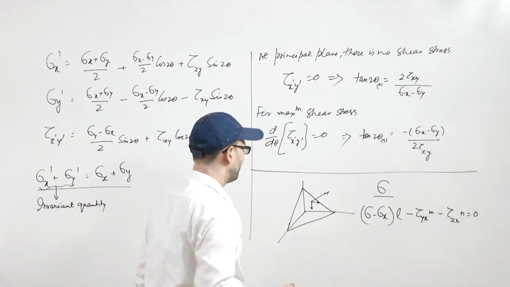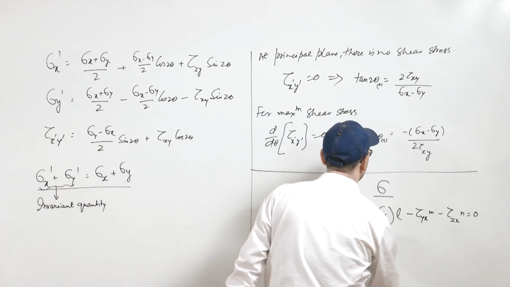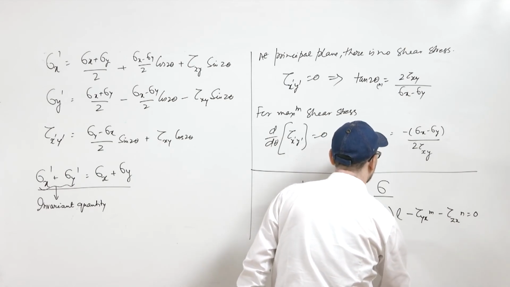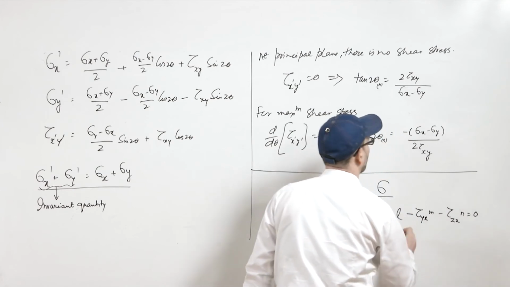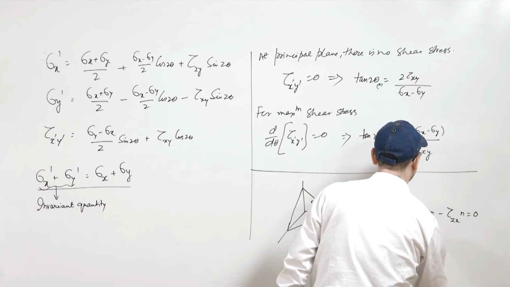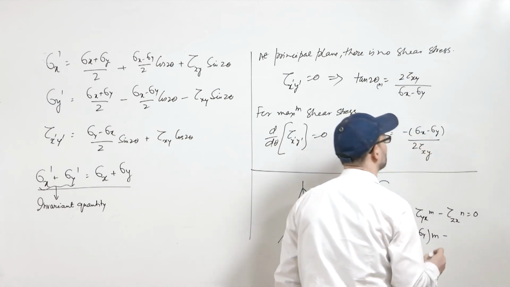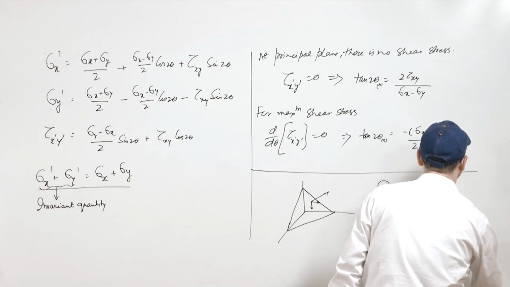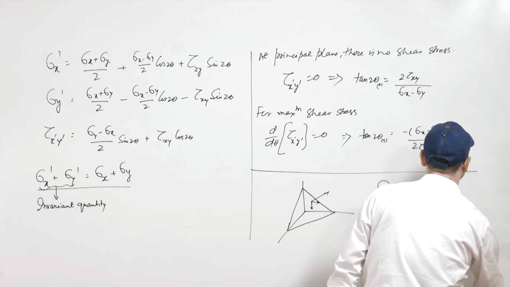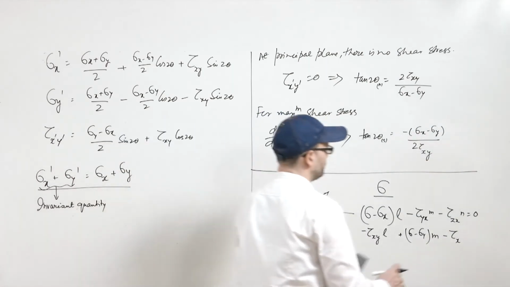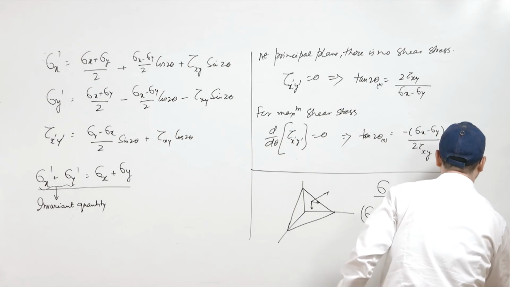Then you have another equation: minus tau xy l plus (sigma minus sigma y) m minus tau zy n, equal to 0.